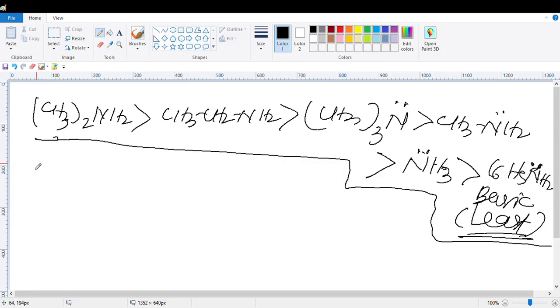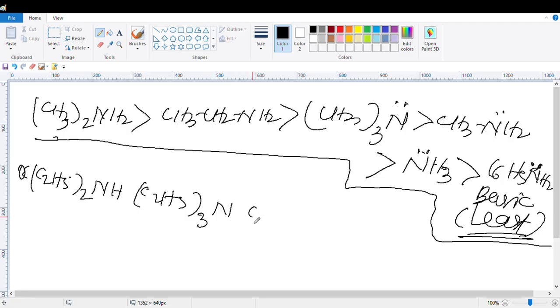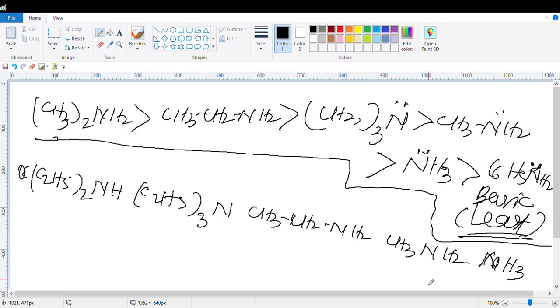Now when we take ethyl derivatives like (C2H5)2NH, (C2H5)3N, CH3CH2NH2, CH3NH2 and ammonia, and at last C6H5NH2.